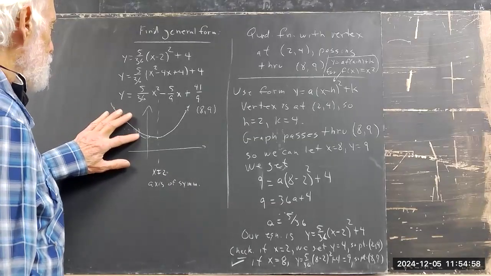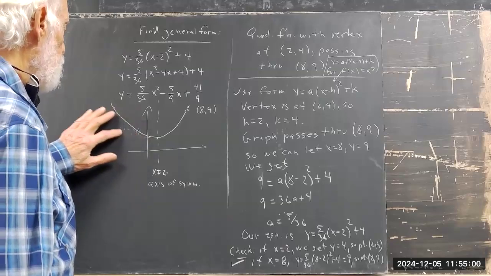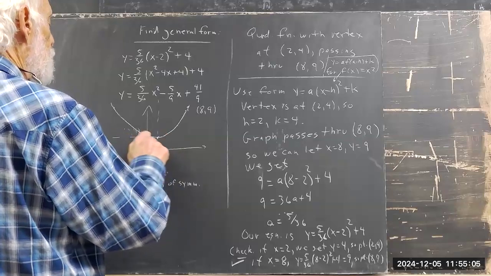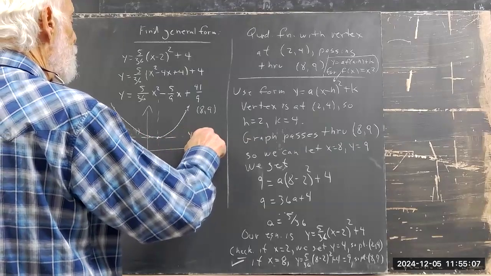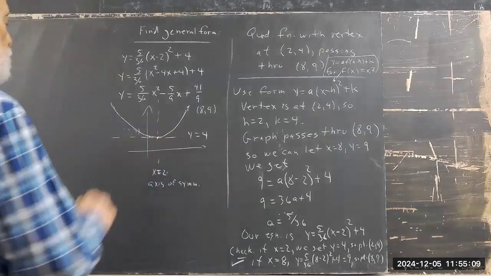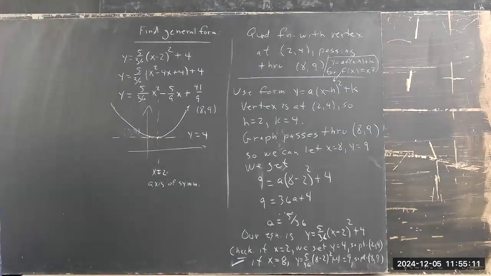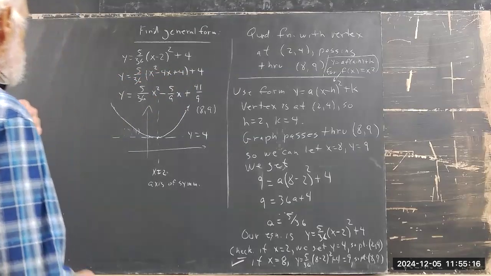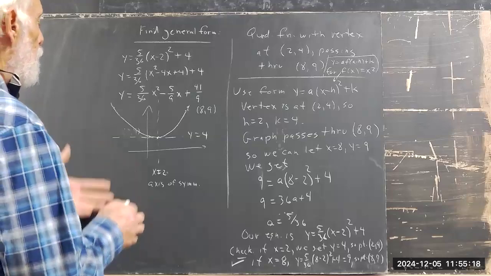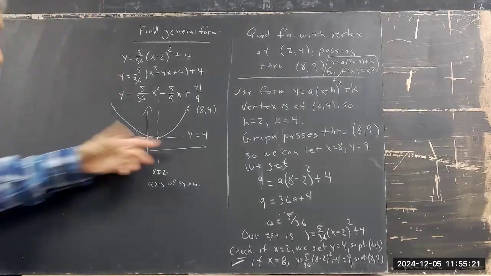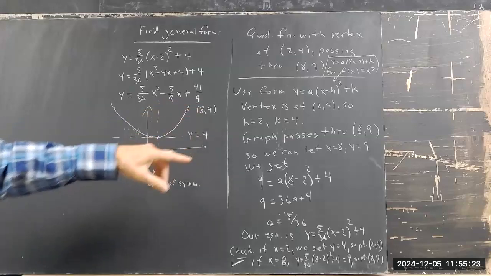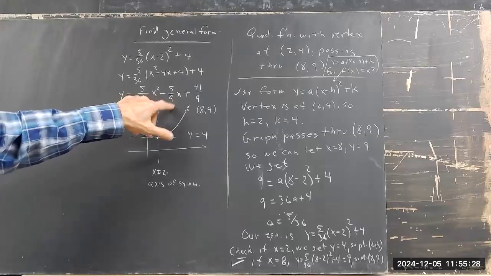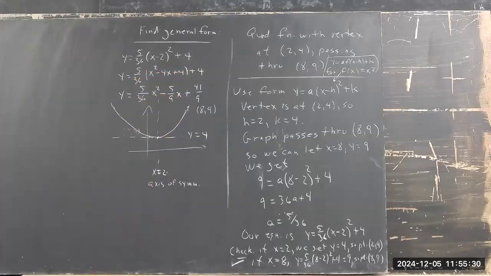Of course, anytime I label something, I know something is going to go through my label. Okay, so this is the point where x equals 2, y equals 4. 41/9 is a little more than 4. What is the y-intercept? It's 41/9, right? Because the y-intercept occurs when x equals 0. All these x's are 0, so we just get 41/9.